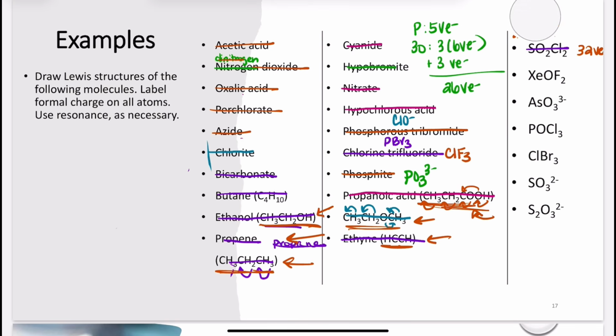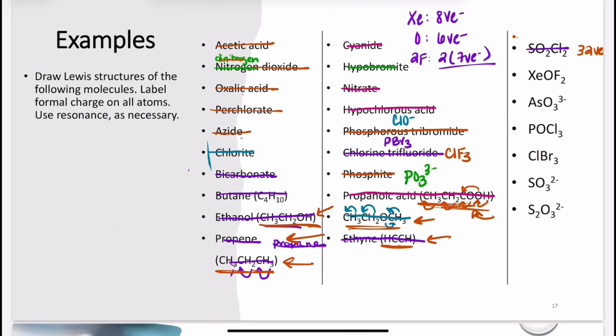XeOF2. Xenon, 8 valence electrons. Oxygen, 6 valence electrons, 2 fluorines, 2 times 7. 14 plus 6 is 20 plus 8, 28.